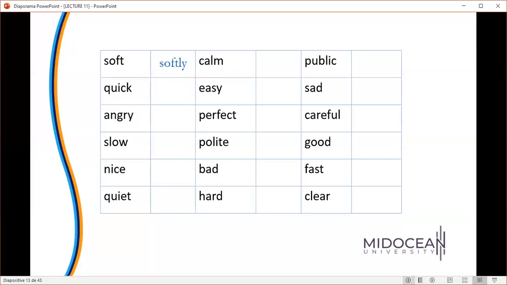Are you ready to practice now? You have activity now, so take now 5 minutes, okay, to do this activity. So find the adverb. You have the adjective. So give me the adverb for each example, okay?